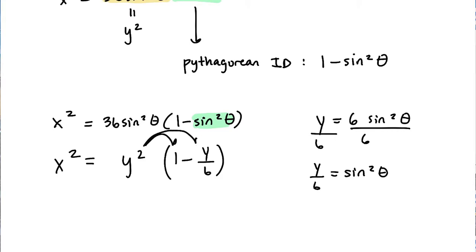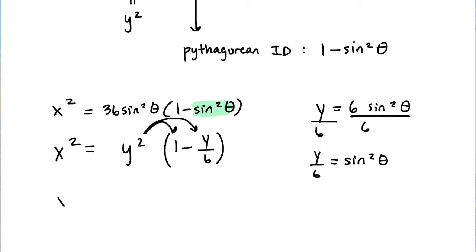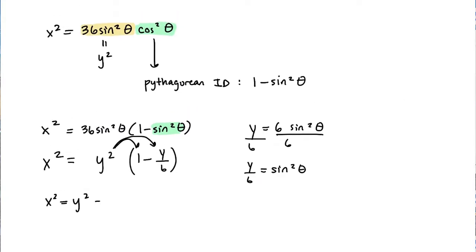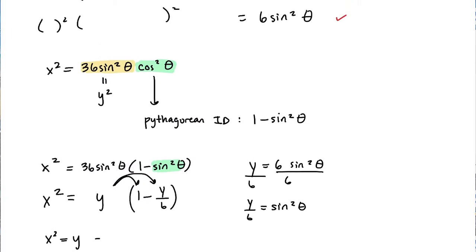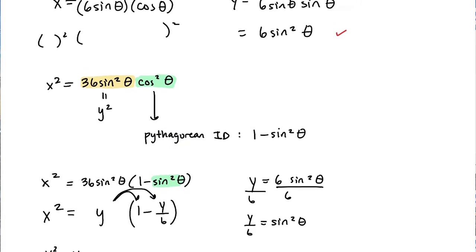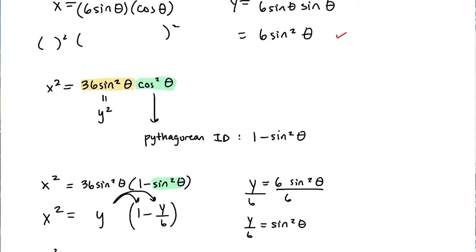So I'm going to do a little bit of algebra and see if I can manipulate this to get it in a format that I like. Oh, that's not y squared. Sorry, that's just y. Just to reiterate, 36 sine squared is actually equal to not y squared at all. This was written incorrectly.